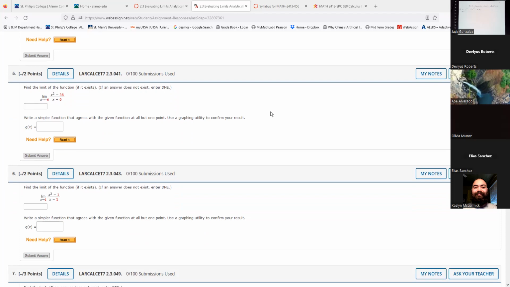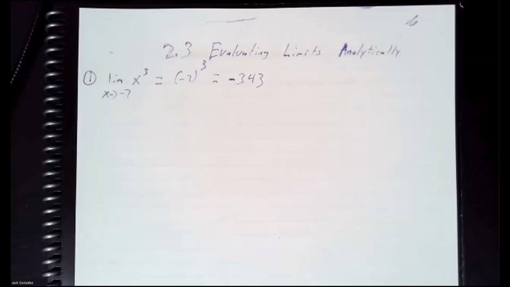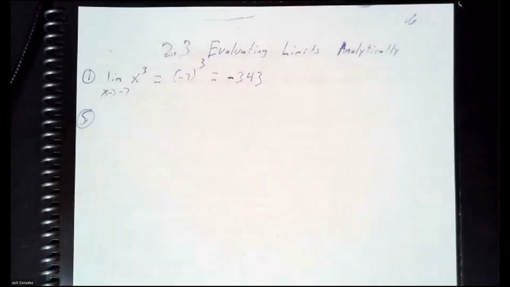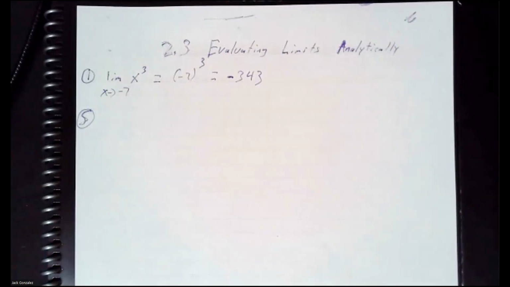Okay, let's do 5 on the paper. Five says find the limit of the function if it exists.